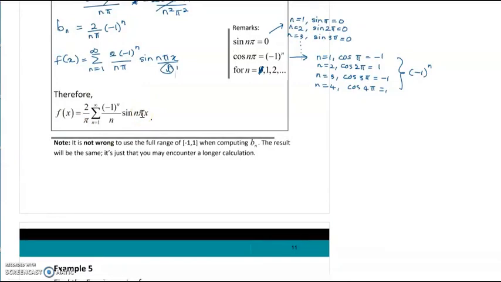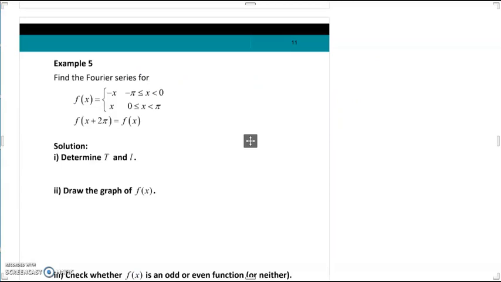Look at the next example, example 5. Given fx now in terms of a piecewise function. Before this we only had one function fx. Now we have two functions based on different intervals.